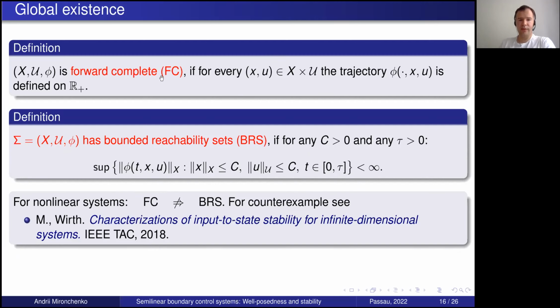Note that for linear systems, forward completeness implies this property, also in infinite dimensions, but it is not so for nonlinear systems, and there are counterexamples for that.